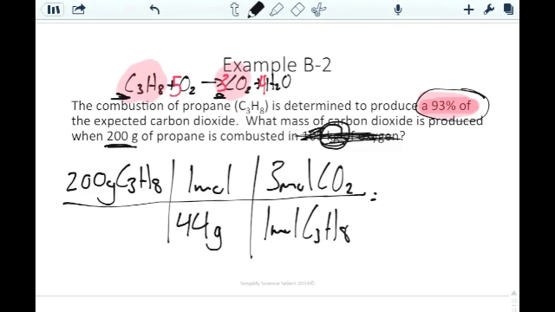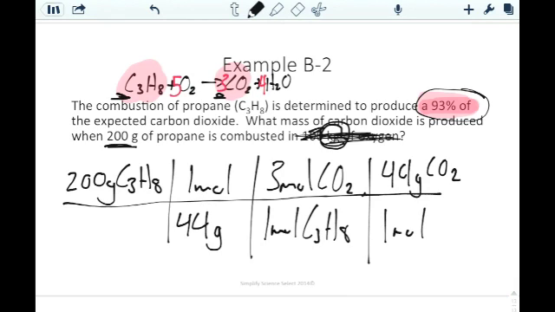Okay, not done, because we need to have it in grams, since we want to find the mass of carbon dioxide produced. So we go from moles back to grams, and carbon dioxide has a molar mass of right around 44 grams for CO2.